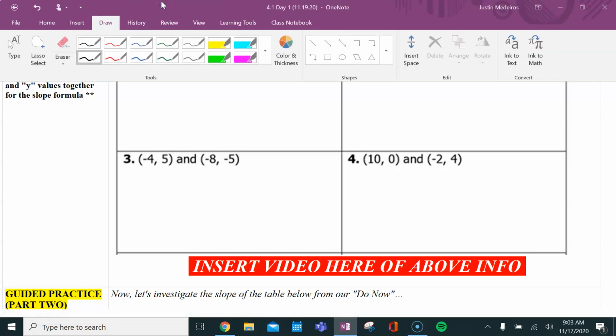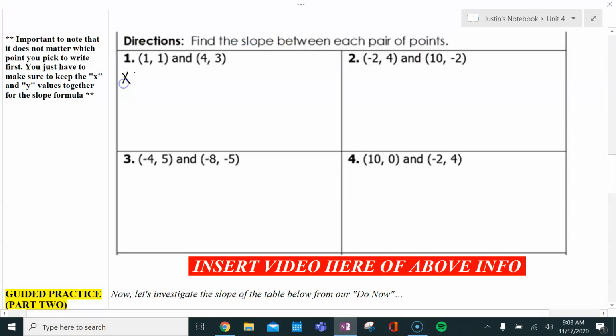First, I'm going to label each of these numbers as x1, x2, y1, and y2. Our first value is x1, which is 1, and our x2 value is the first number in the second point, which is 4. Our y1 value is the second number in our first point, which is 1 again, and our y2 number is the 3 that comes from the second point.